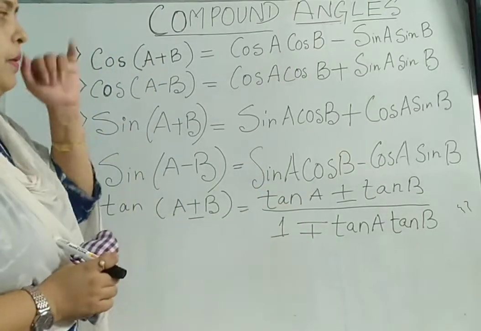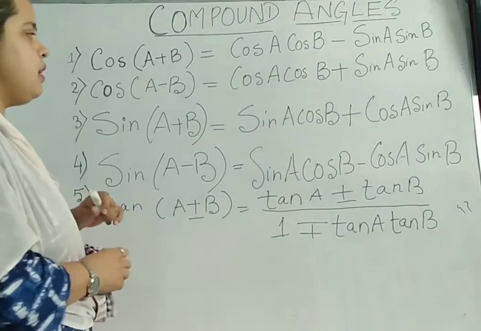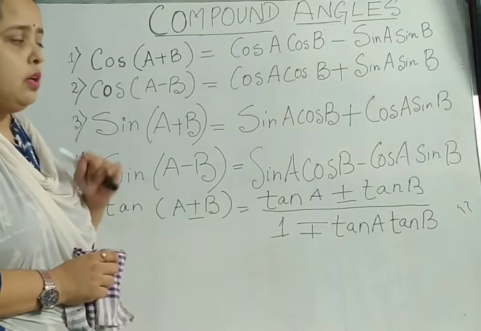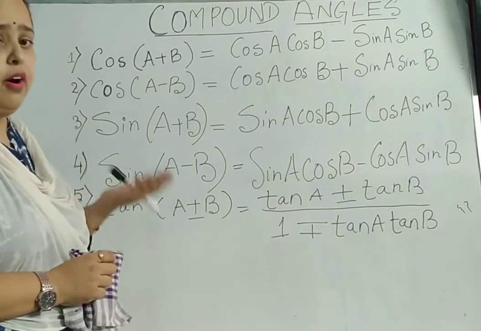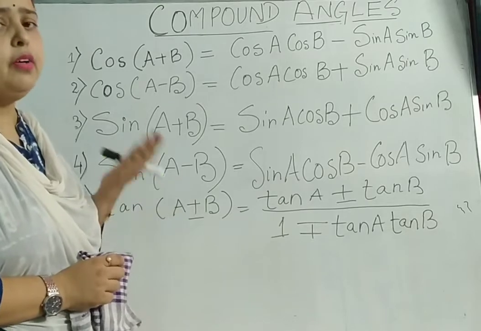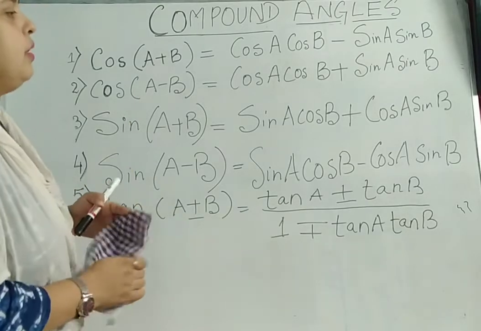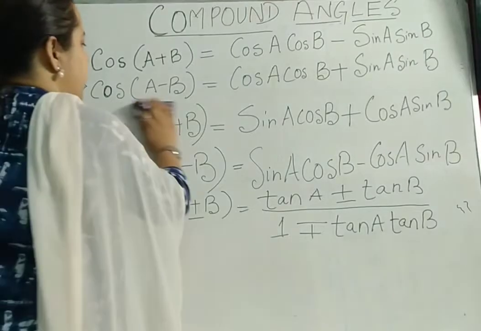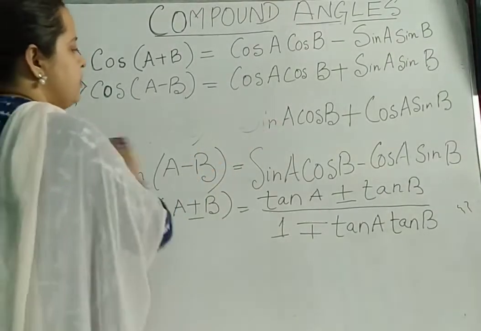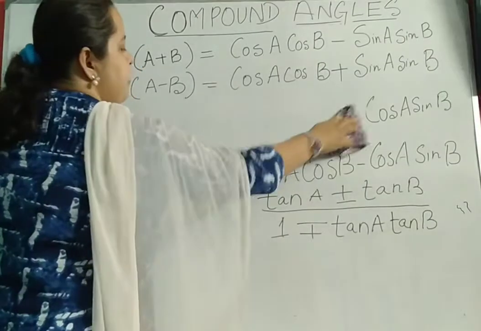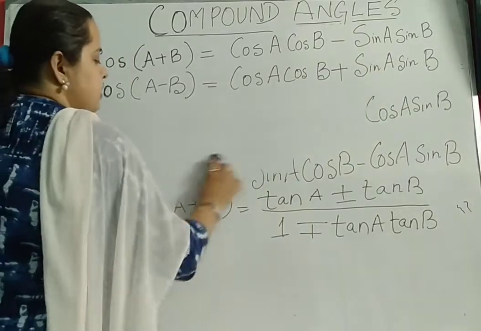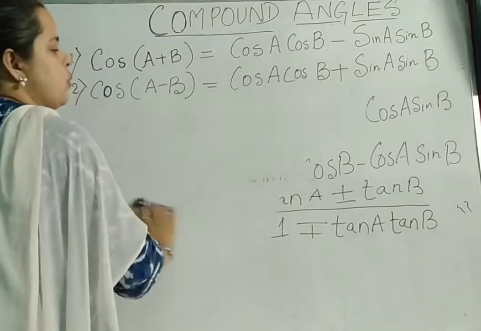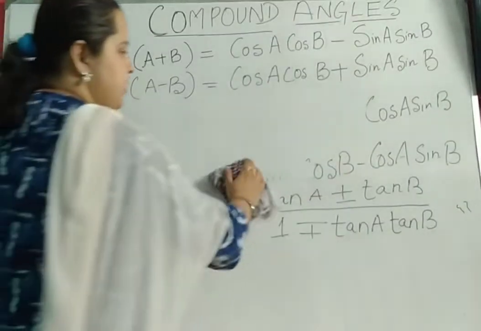So, by keeping in mind these formulas, we can now derive the angle values of 15 degree, then 75 degree, then 105 degree, 135 degree and so on. So, I am writing it for you.